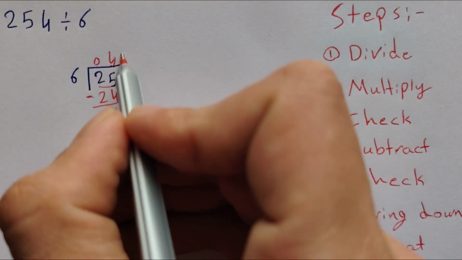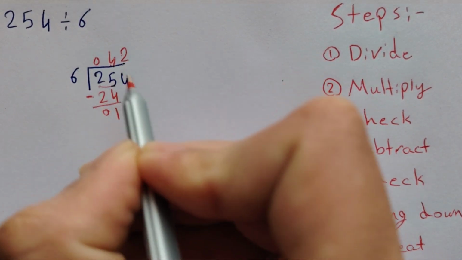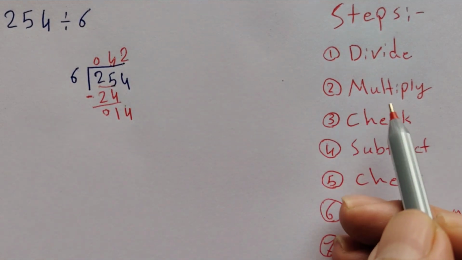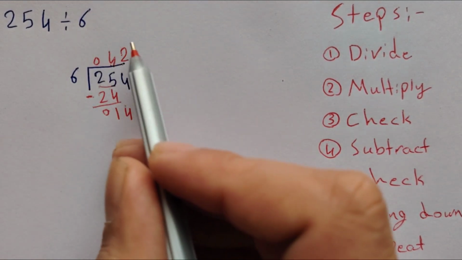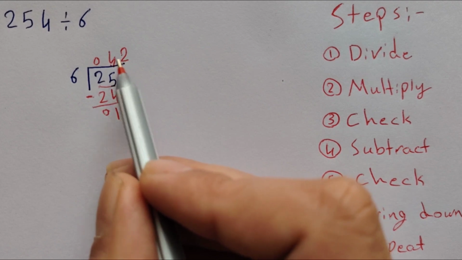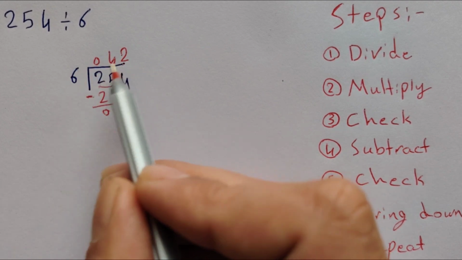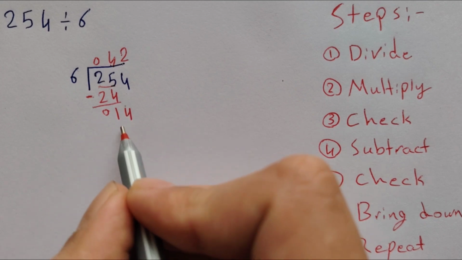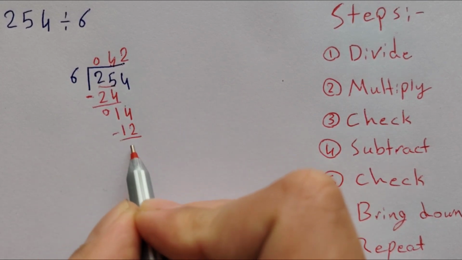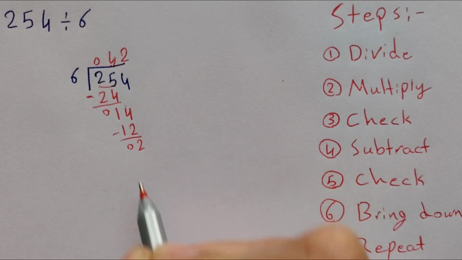We have 6 times 2. So we will write 2. Then we multiply not the whole quotient, only the new digit, which is the 2. We multiply the 2 to the divisor. So it will be 2 times 6, which is 12. Then we subtract it. It will be 2.